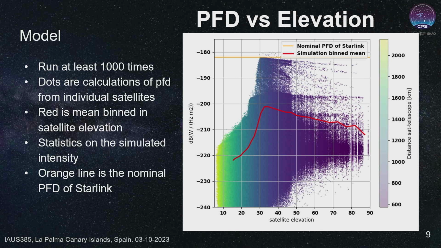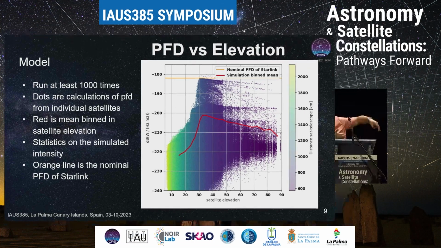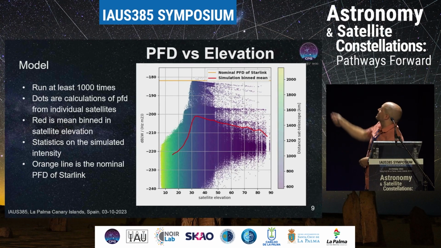What this is basically telling you is that satellites that are low in the horizon cannot point at you. And if you have read or seen a little bit on the filings of Starlink on how they work, it's because the beams cannot steer away so much, right? So if the satellite is lower in the horizon, and I'm looking at it like that, it cannot steer the beam so much to get it into my position. So that's what this curve is telling us, right?